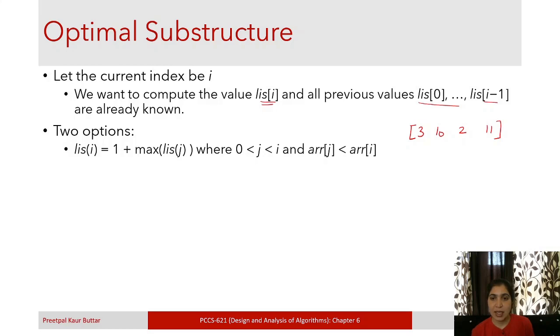Let us say that the index is 0. First, this is your array and this is LIS which we want to compute. So first we will compute it for index 0.